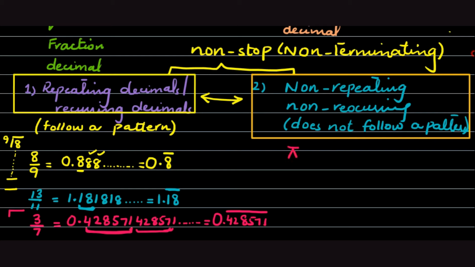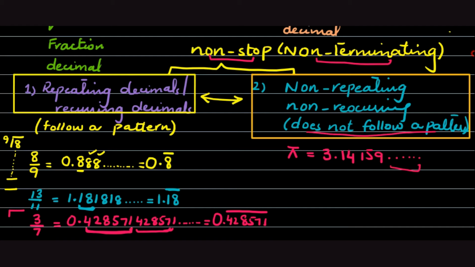Pi. Can you write this pi as a fraction? No. As you know, in calculation, you just need to use a calculator to get the value of pi. That will be 3.14159 and continued. First of all, they are non-stop. You can observe it's non-stop. And second, they do not follow a pattern.